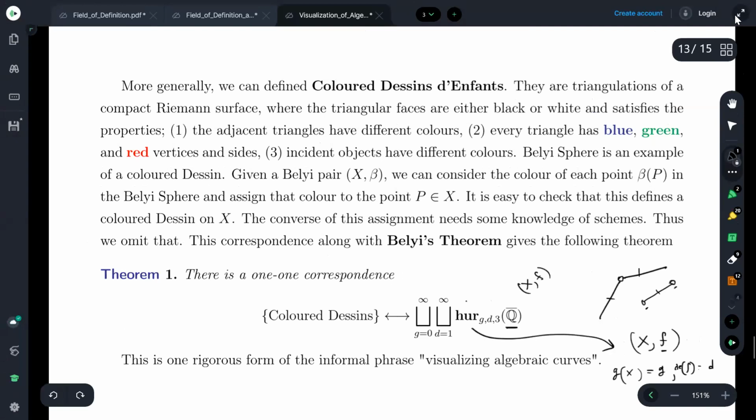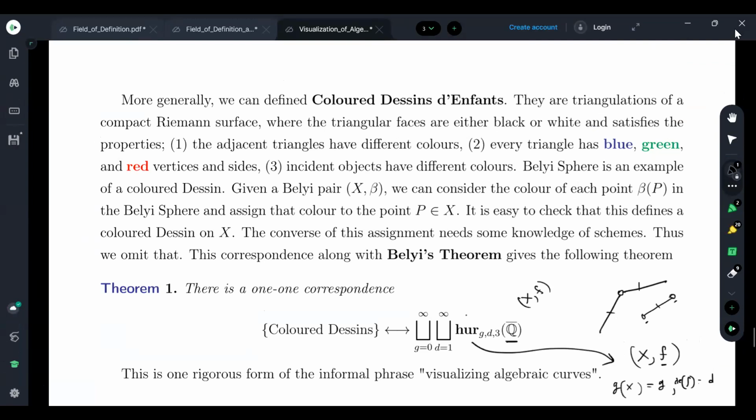I think if you take the critical values to be 0, 1, infinity, then you ask for rational functions which have these as critical values.